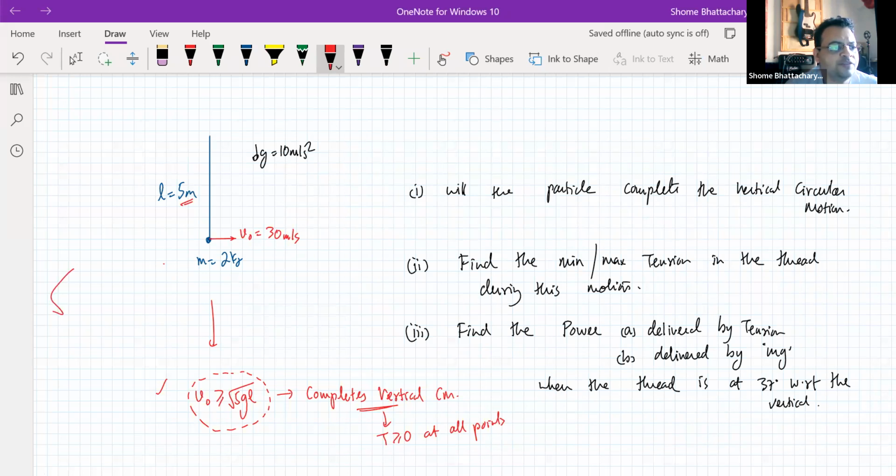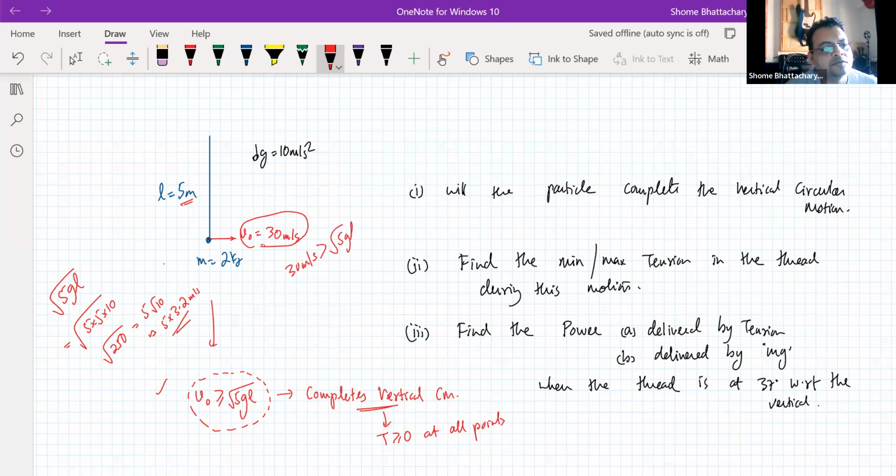So root 5GL is the square root of 5 into 5 into 10, that's square root of 250 or 5 root 10, approximately 5 into 3.2. So we can see that V naught equal to 30 is definitely greater than root 5GL. So the answer is yes, it will complete vertical circular motion.